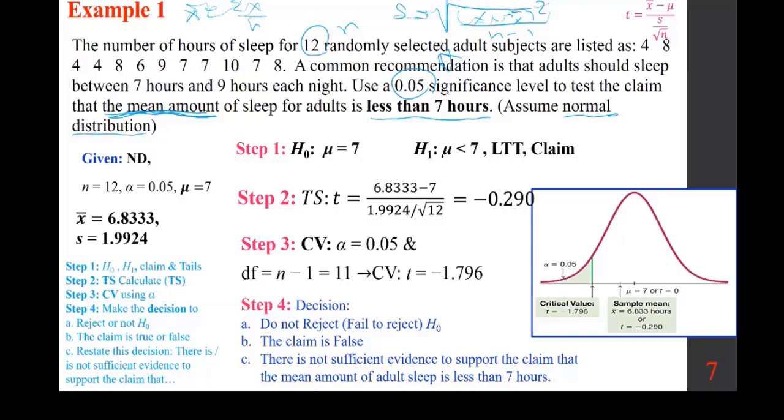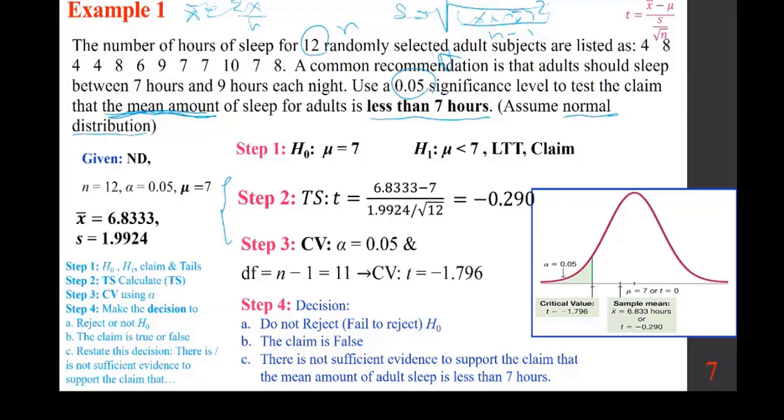Look at steps 2 and 3. I compared two numbers, negative 0.290 and negative 1.796. The p-value compares areas. Look at the alpha of 0.05, the green shaded region.